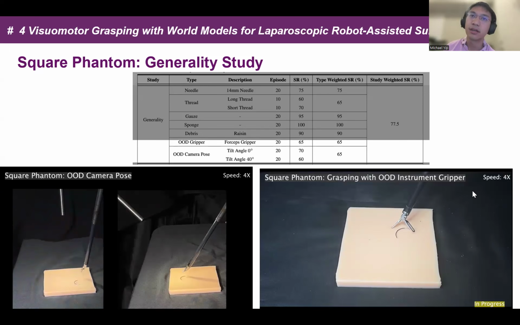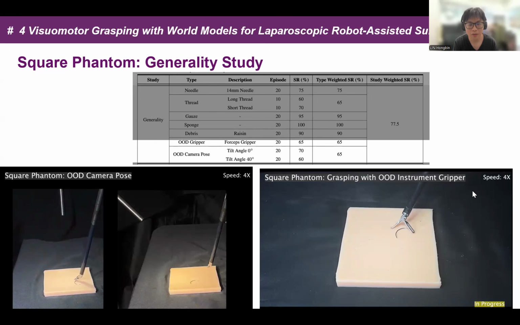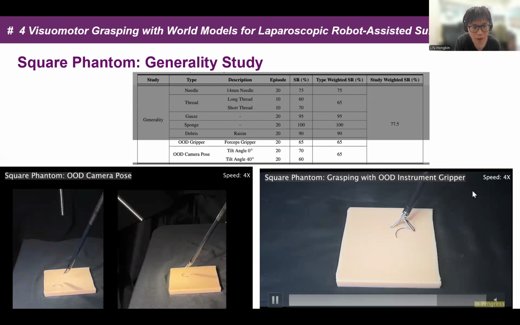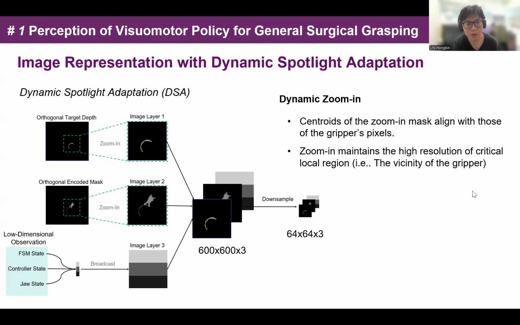Do you think that with a bimanual setup, or even a third arm, this applies directly, or would you need retraining? I think we definitely need retraining, and the bottleneck should be the perception pipeline. Right now we have considered only one gripper, so we propose a zooming mask.